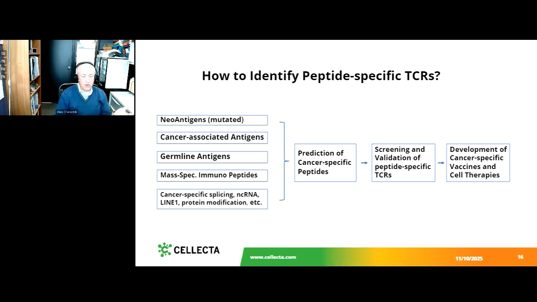But what people are doing in these studies is they identify candidate peptides, which, for example, are associated with cancer. There can be multiple strategies, including experimental ones, like mass spec identification of cancer-specific peptides eluted from the cancer cells, or prediction of cancer neoantigens based on mutations, changes in splicing, or any other biological process. After prediction, you need to screen these peptides, and the best strategy is to screen against PBMC from normal or disease samples. As a result, you can develop cancer-specific vaccines or cell therapies.